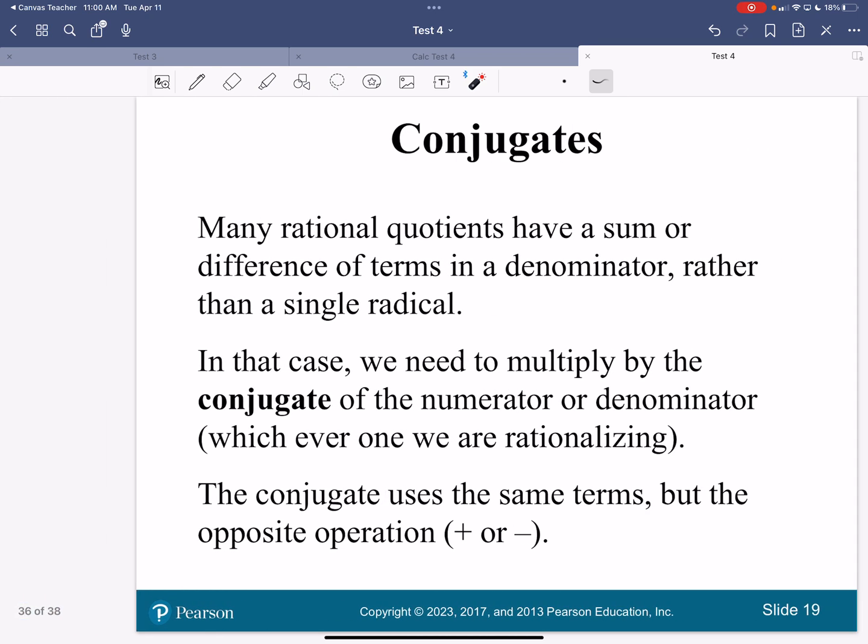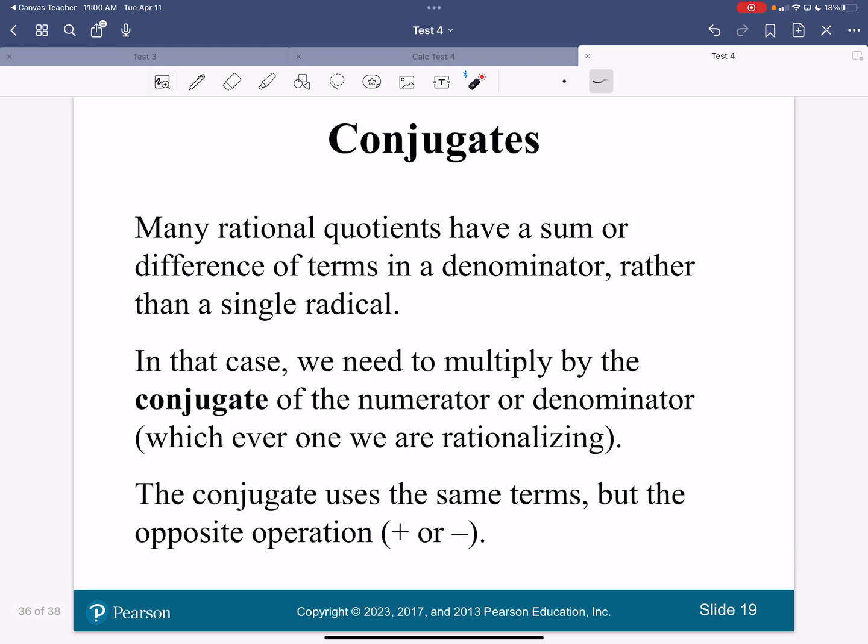So, a conjugate. Many rational quotients have a sum or difference of terms in the denominator rather than a single radical. This definitely comes into play in trig. A single radical is like the square root of 2, square root of 5, square root of 6x.